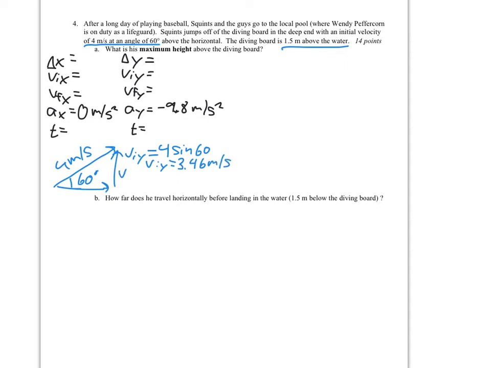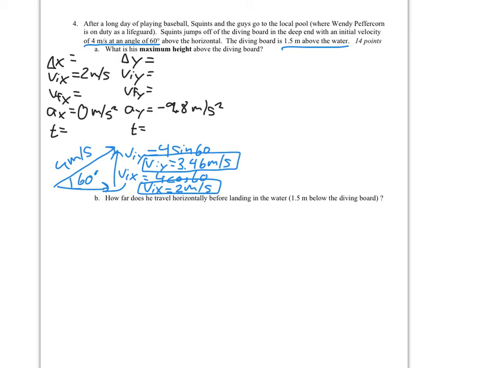And in the x, that VIX component is going to be 4 cosine of 60, because it's the adjacent side. So VIX is going to be equal to 2 meters per second. So I can take those two and put those in for my VIX and my VIY.